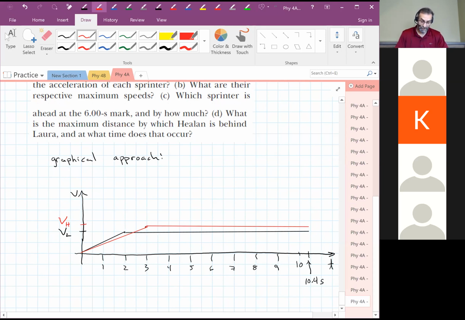Does that make sense? The one that takes longer to get to their maximum speed has to end up with the higher maximum speed in order to finish in the same amount of time. Are we all good with that? Hopefully we all had the same graph here now.